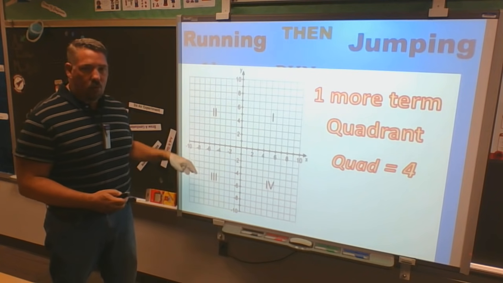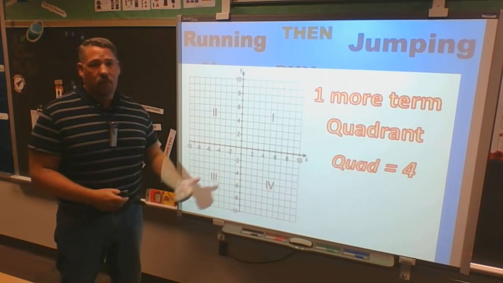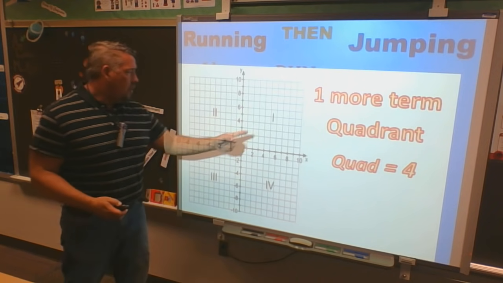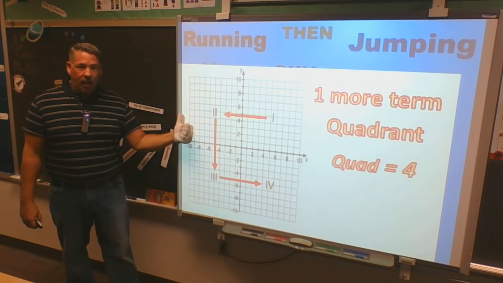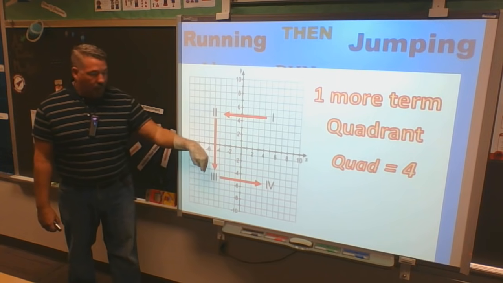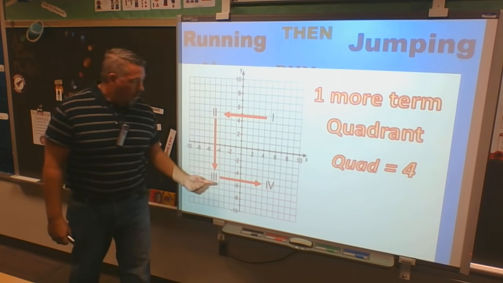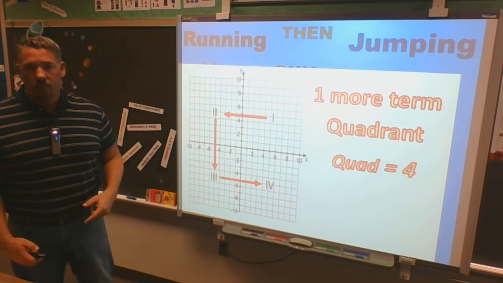And then I go counterclockwise. We're used to doing almost everything clockwise. Well, not this one. This one's counterclockwise. So I'm always going to go straight across. I'm going to have a negative positive number for quadrant 2, a negative negative for quadrant 3, and then a positive negative for quadrant 4.